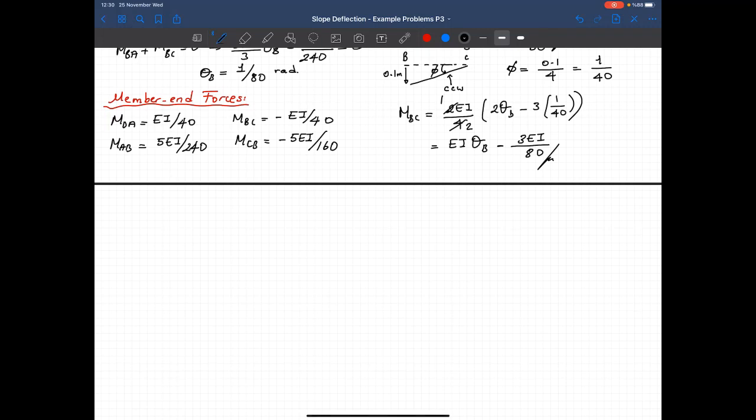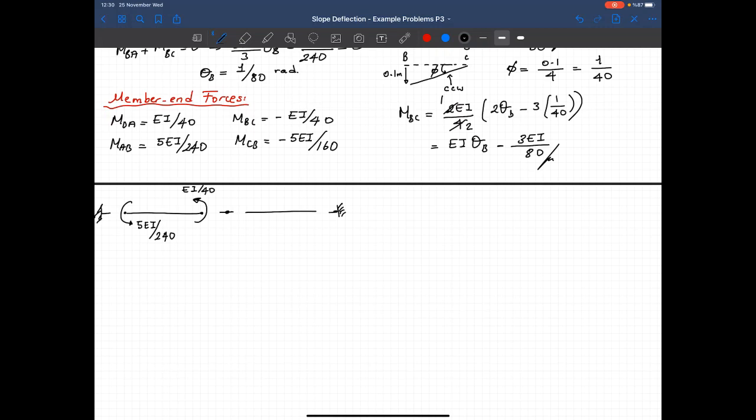And let's draw the free body diagram one more time. So at A, I got a counterclockwise moment. Magnitude is 5EI over 240. And a counterclockwise moment at B, that's EI over 40.